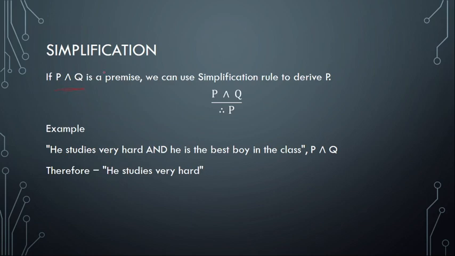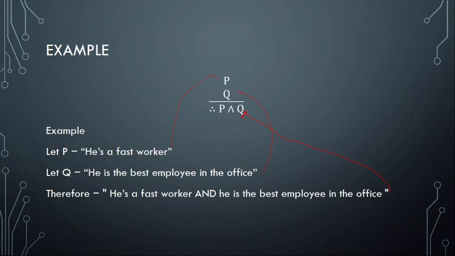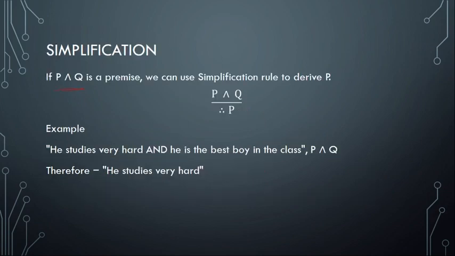If P and Q is a premise or a hypothesis, we can use the simplification rule to derive P. It's like the reverse. You can observe it has some similarity to conjunction, although in conjunction there are two hypotheses or premises. Here the premise is in propositional logic form, and the conclusion is just one proposition.